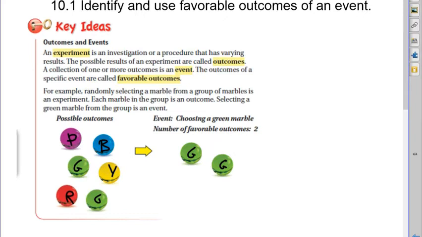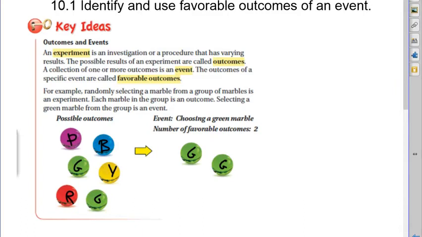So let's say I have 6 marbles, and we randomly select one marble from that group of marbles. That action is called the experiment. Each marble in the group is considered an outcome. So, for example, selecting a blue marble would be an outcome, selecting a green marble would be an outcome.